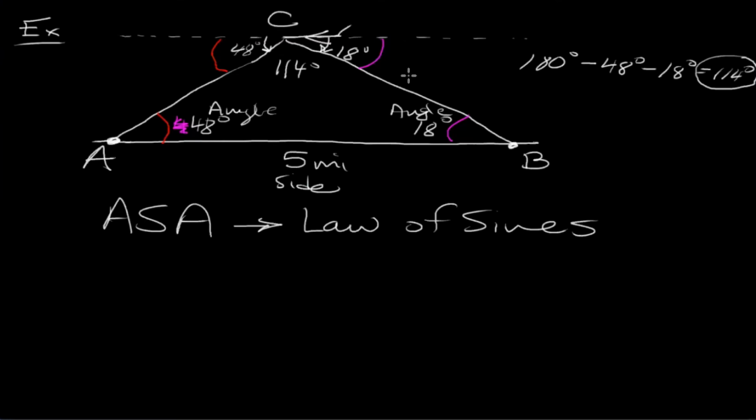And if I label this side A, this side B, this would be side C, because I've got to be consistent. So angles opposite sides. That means that angle A and side A are related. So side A I don't know, but this would be the sine of 48 degrees.